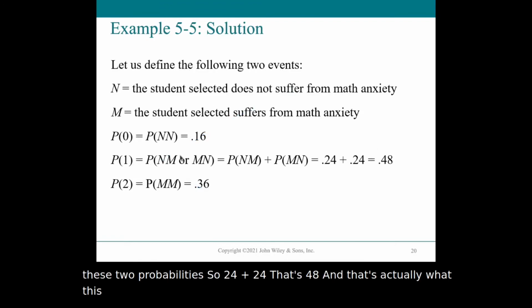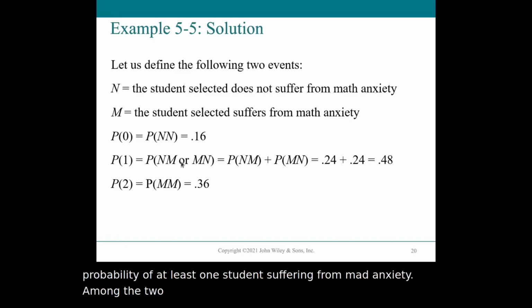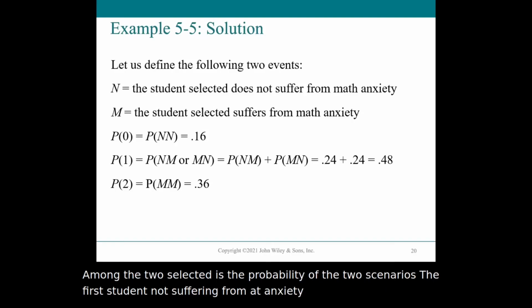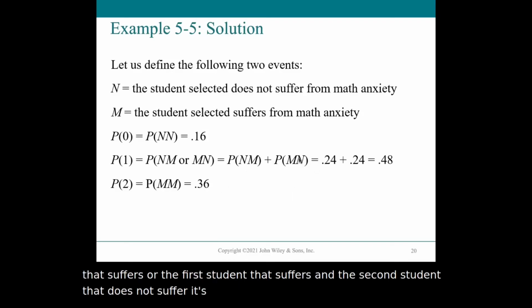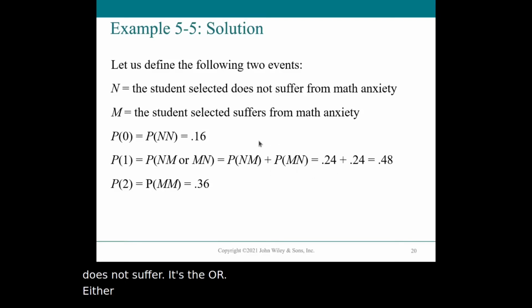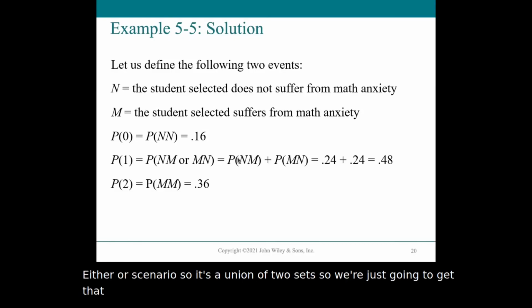The probability of exactly one student suffering from math anxiety among the two selected covers two scenarios: the first student not suffering and the second suffering, or the first suffering and the second not suffering. It's the either-or scenario, so it's a union of two sets, and we just sum up the probabilities.